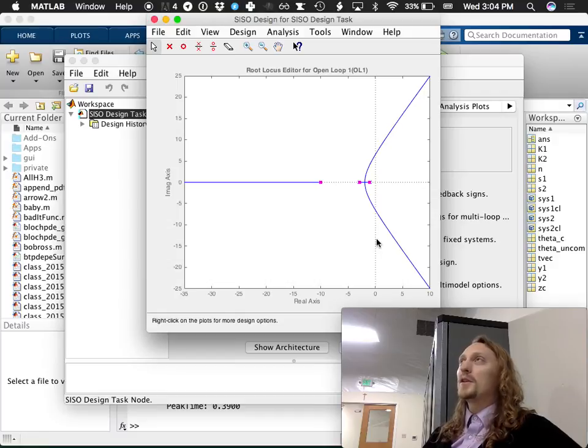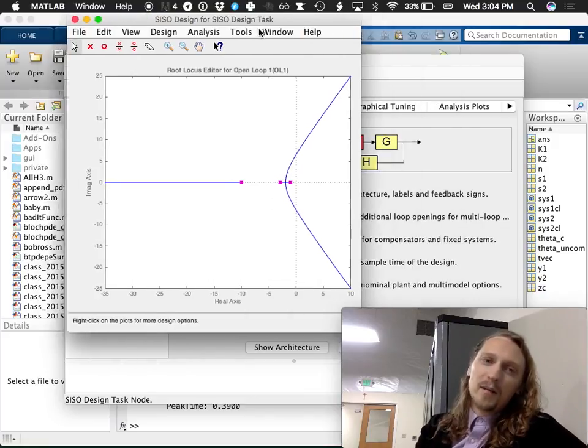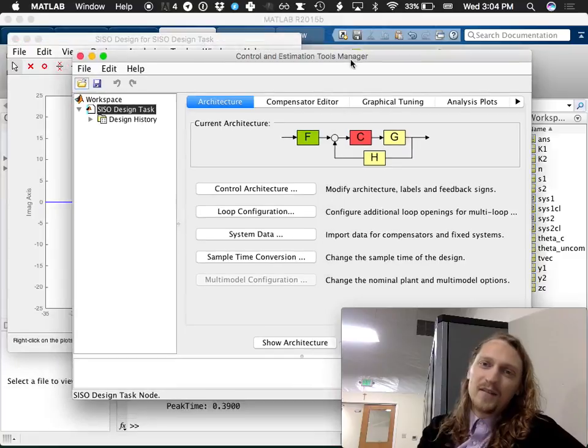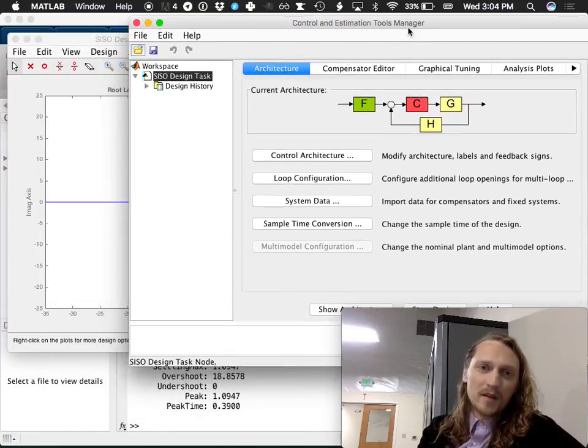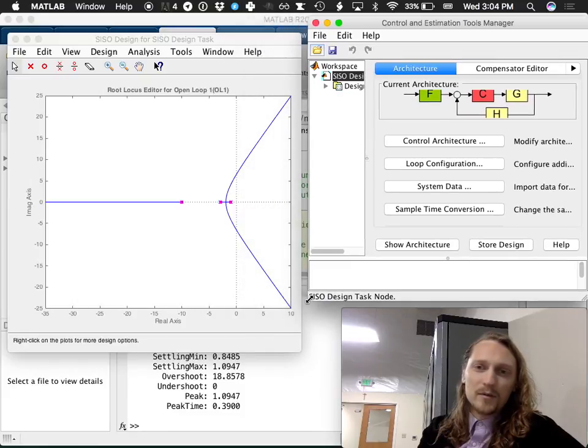I think this is really cool for getting a feel for how these root locus plots change for the pole location, zero location. So that's why I'm introducing it to you now. I'm not giving it to you because I think it's a great way to design. I think it's okay. It's not terrible, but it's just not my preferred method. So I will show it to you nevertheless because I think it's kind of cool.